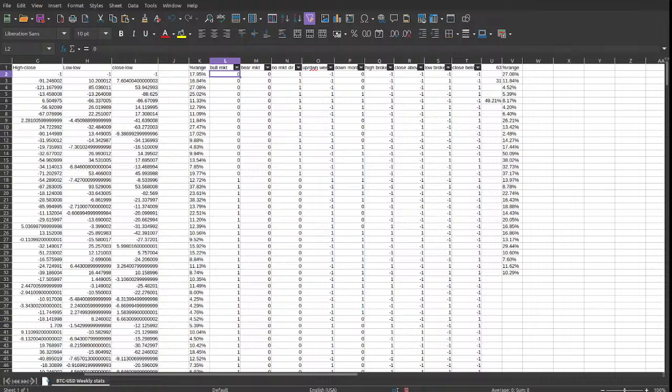I don't think that we're gonna bother taking the bull. No, actually, we might do the bull market. We might look at the bull market in the weekly chart. We'll see. So let's take our bull market and let's see what's up.